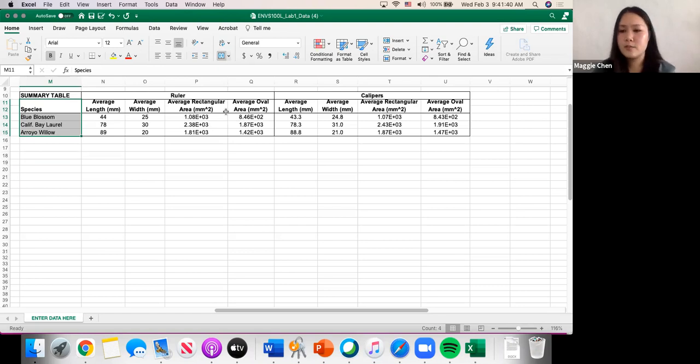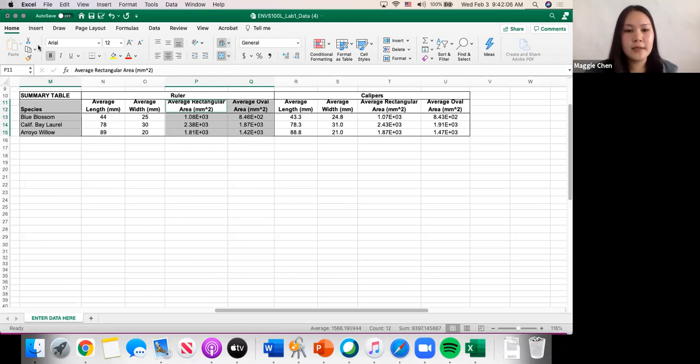The way we can do that, and it depends on your keyboard, is you can press down on Shift or Command. For my keyboard, it's Command. So you're going to hold down Command and then select these cells for average rectangular area and average oval area, and then you're going to release Command. And once you do that, you can select cells that aren't right next to each other.